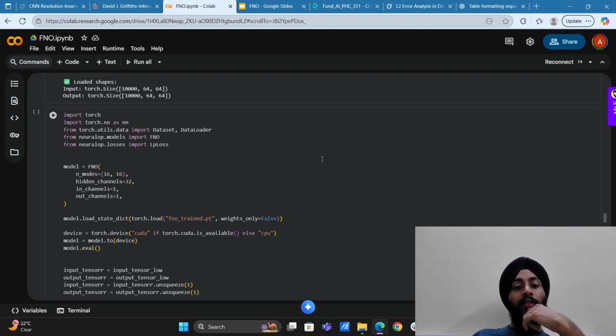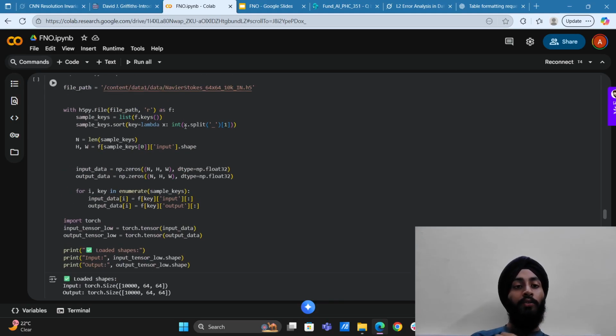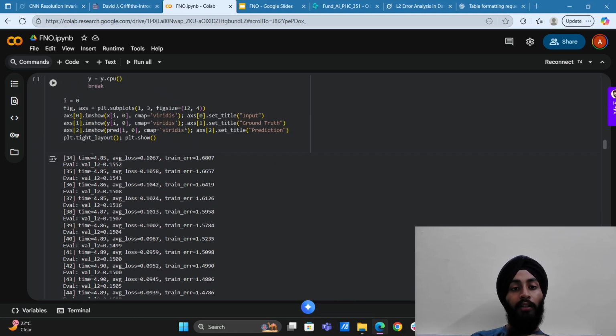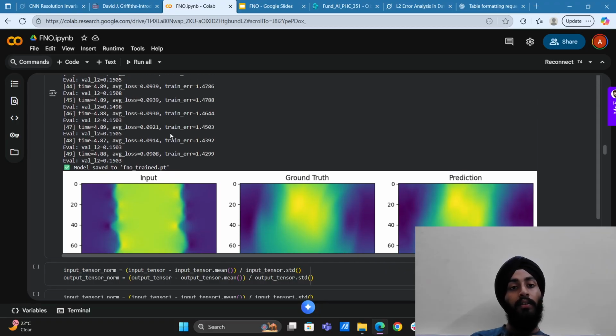Now, after this, the main thing that I had to test was downscaling the data as well. So I have downscaled my data from 128 cross 128 to 64 cross 64. Now, if it is able to provide me a good relative error, like a low enough relative error on the 64 cross 64 data as well, although the model was trained on 128 cross 128. So this earlier model that we saw right here was trained on a 128 cross 128 resolution.